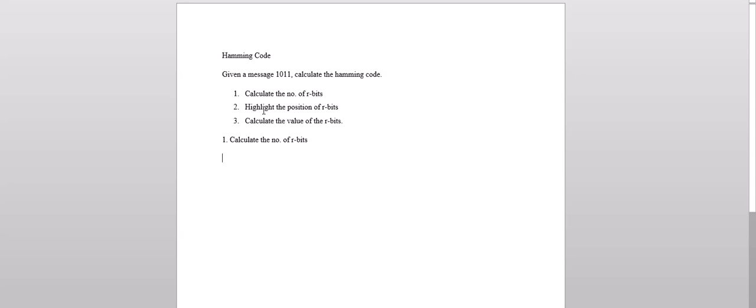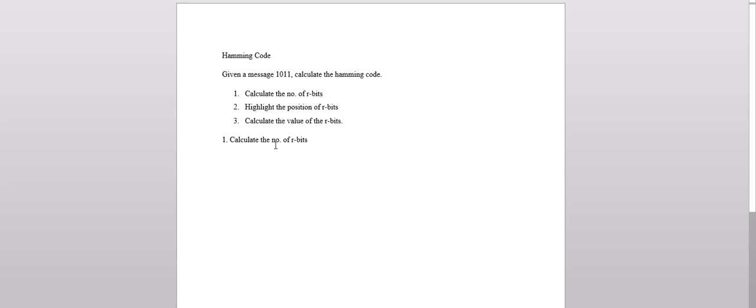Before we go there, it's good to talk about the question I have up here. We are calculating the Hamming code given this message. The message is 1011, and we are asking what is the Hamming code of that message, which has 4 bits.